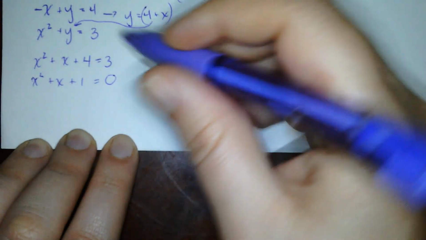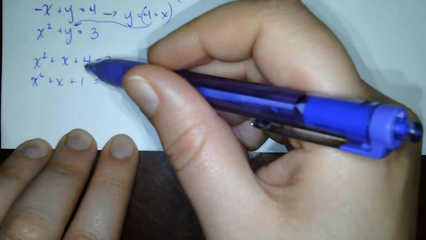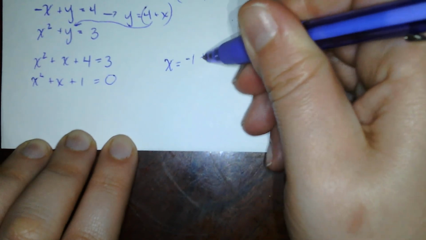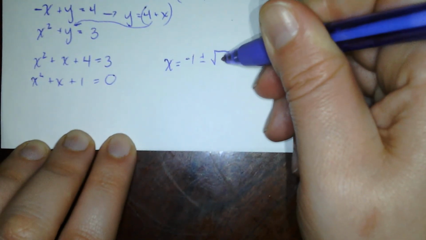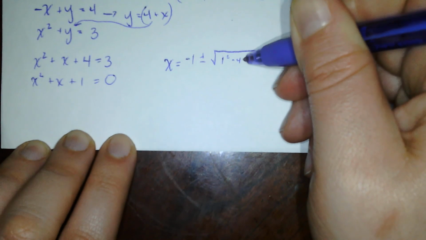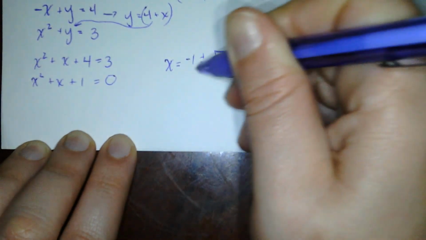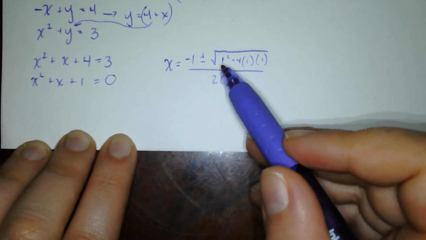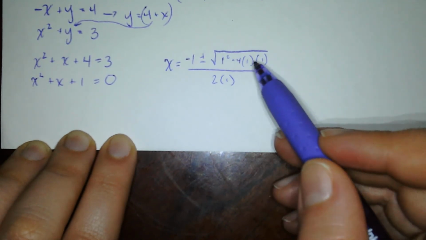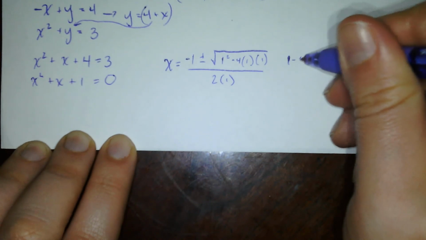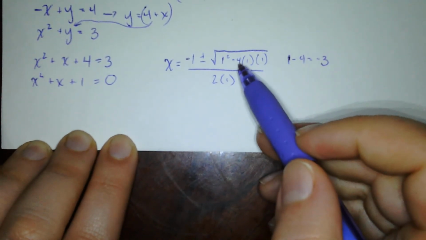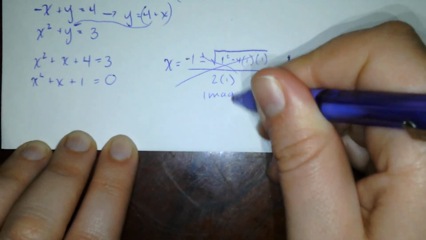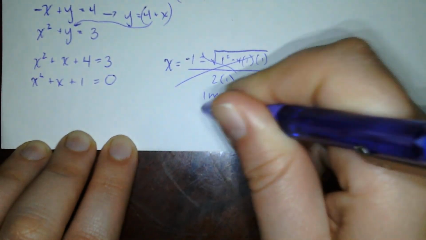I'm just going to do the quadratic formula real quick because I want to show you something. x equals negative b plus or minus the square root of b squared minus 4 times a times c, all over 2a. All right, let's go underneath the radical. 1 squared is 1. 4 times 1 times 1 is 4. 1 minus 4 is negative 3. Can we square root a negative 3? No. This will give us imaginary solutions.